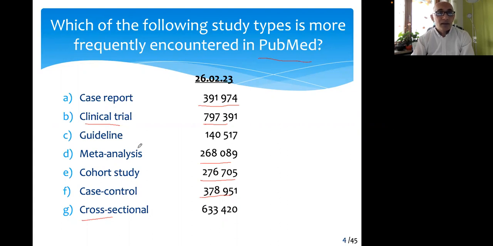The number of meta-analyses is increasing very rapidly in recent years, but still they are not the most common study designs, because meta-analyses use other study designs like clinical trials or case control studies to produce a new report.